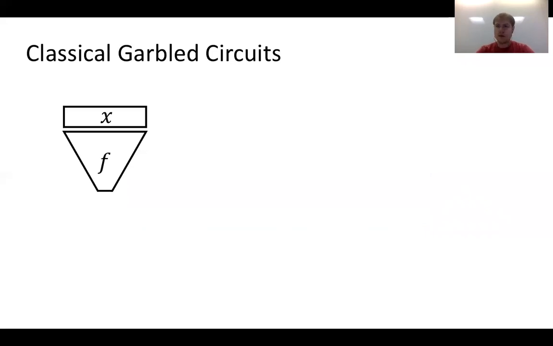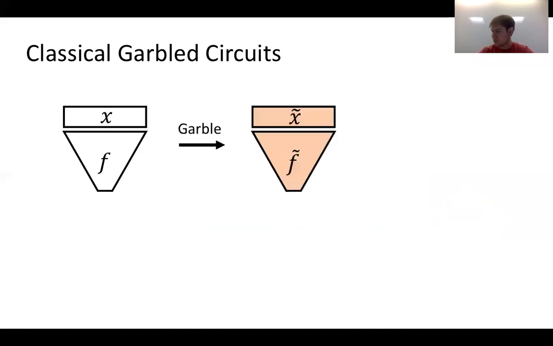And I can say a few words about how we construct this protocol. To do that, we'll need a little bit of background on classical garbled circuits, right? A classical garbled circuit basically consists of two procedures, garble and eval. Garble takes as input a circuit or functionality f and an input x, and produces a garbled circuit f tilde and a garbled input x tilde. The evaluation procedure takes this garbled information and produces from it the output f of x.